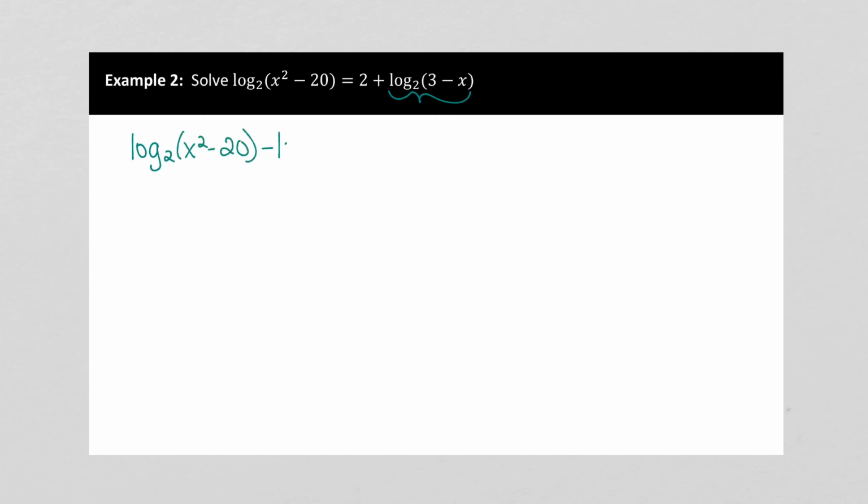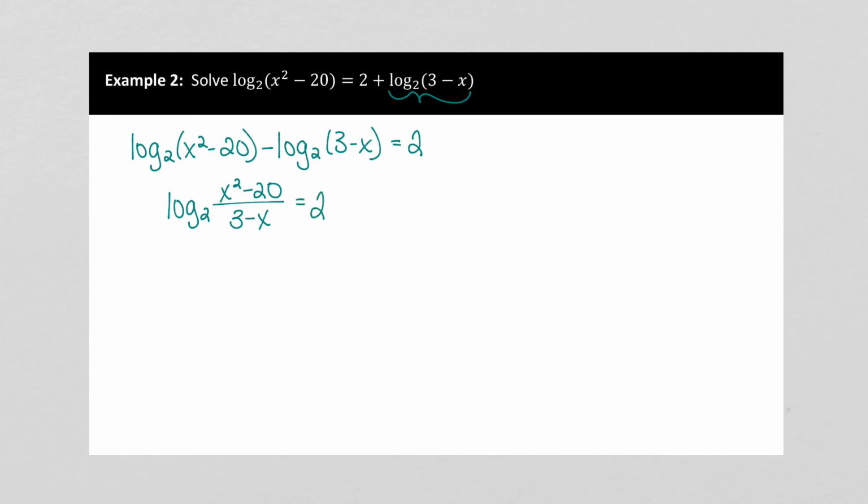So I'm going to subtract log base 2 of 3 minus x from both sides. And we still have a 2 left on the left. Now, how does that help me? Remember, subtraction will condense to be division. So log base 2 of x squared minus 20 divided by 3 minus x.